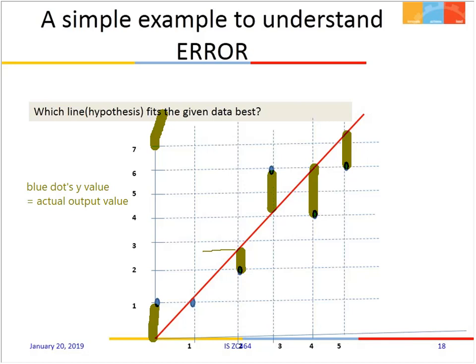You know that the output is plotted on the y axis. So the predicted value is the y value of the intersection point on the red line. Is it okay?